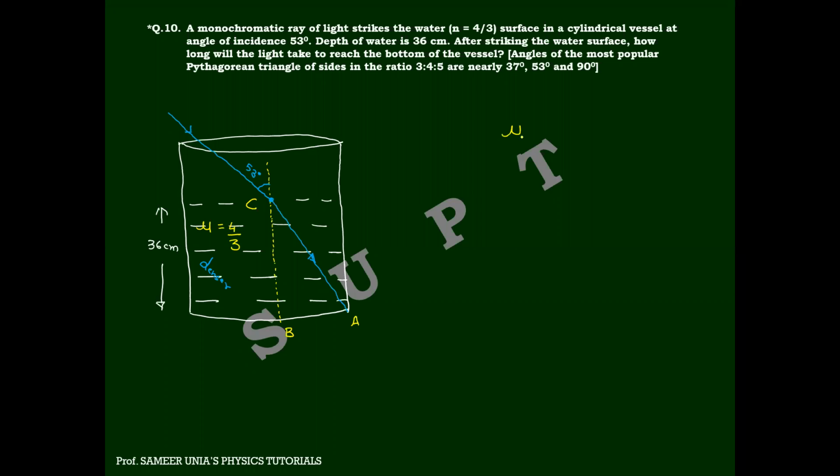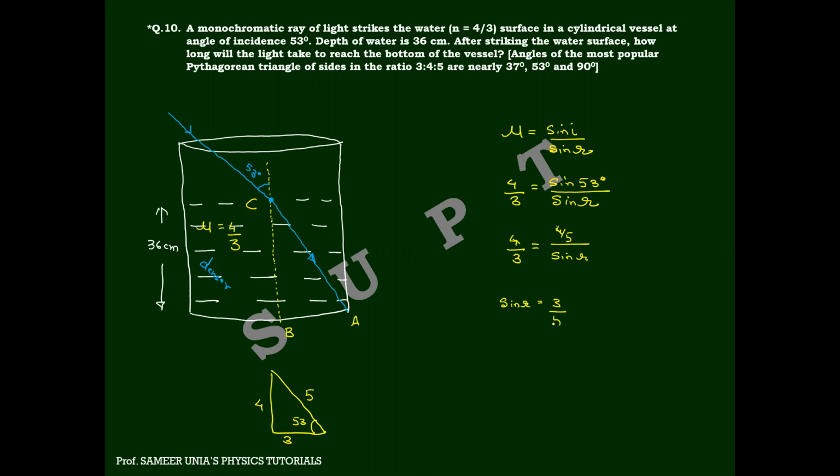You have heard the formula for mu: mu is equal to sin i upon sin r. Mu is given as 4/3, sin 53 upon sin r. What is sin 53? If you see the triangle, it is 4/5, this is 4, 3, 5. So this and this will cancel, and sin r becomes 3/5. Obviously r will be 37 degree.